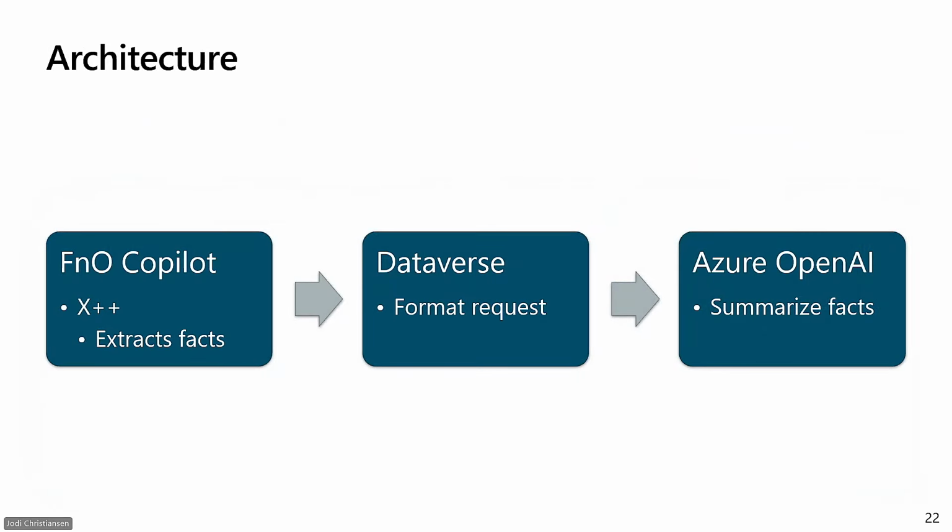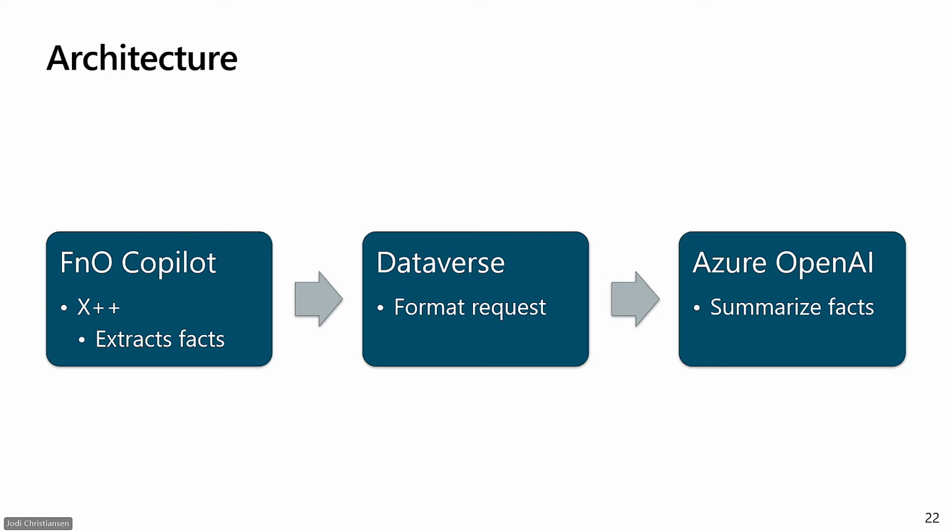So the Finance and Operation Copilot, Finance and Supply Chain Management, is built such that we are basically extracting facts from X++. We are then sending these to a Dataverse solution where we are formatting the requests. And from there, we're sending it to an instance of Azure OpenAI to summarize these facts into natural language. And this is what is being displayed.